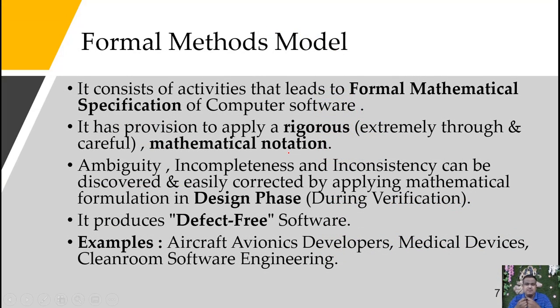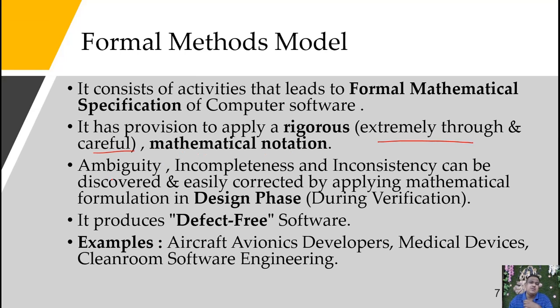Formal method models consist of activities that lead to a formal mathematical specification of computer software. It has provision to apply rigorous mathematical notations. Rigorous means extremely thorough and careful mathematics.